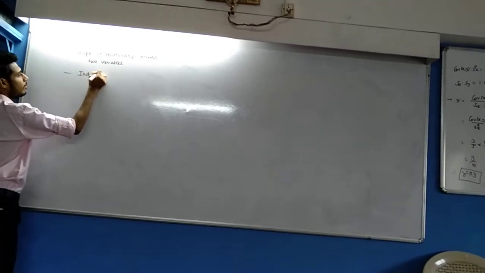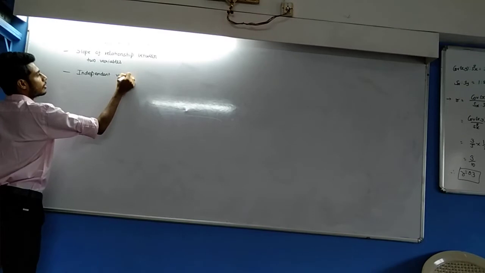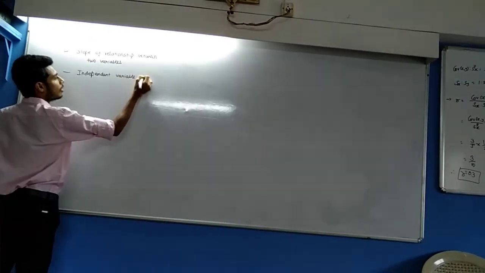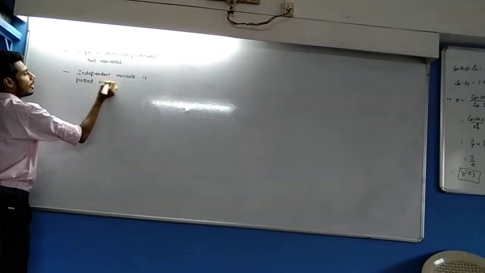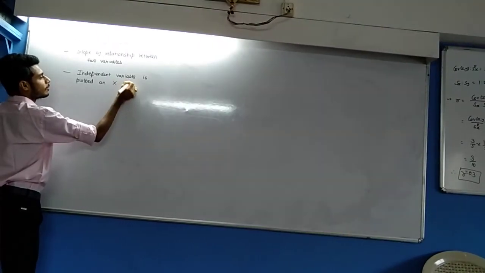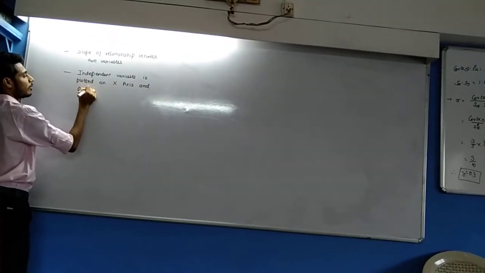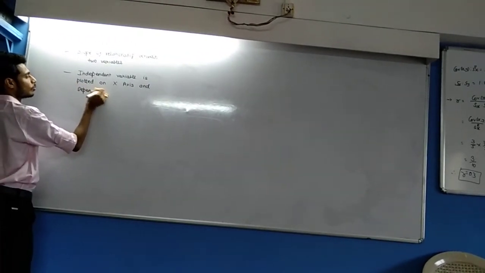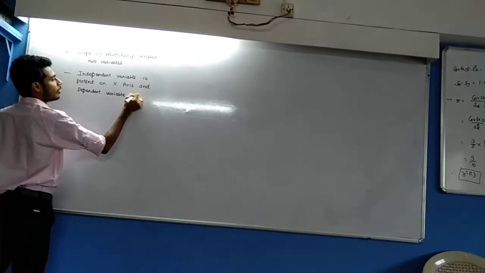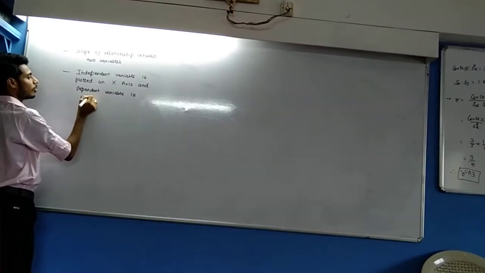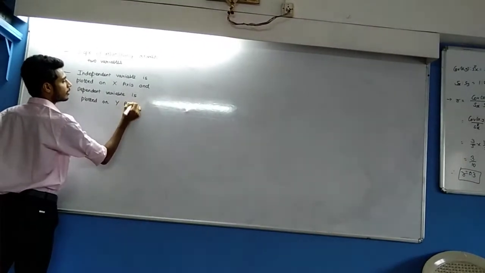As we all know, independent variable is plotted on x-axis and dependent variable is plotted on y-axis.